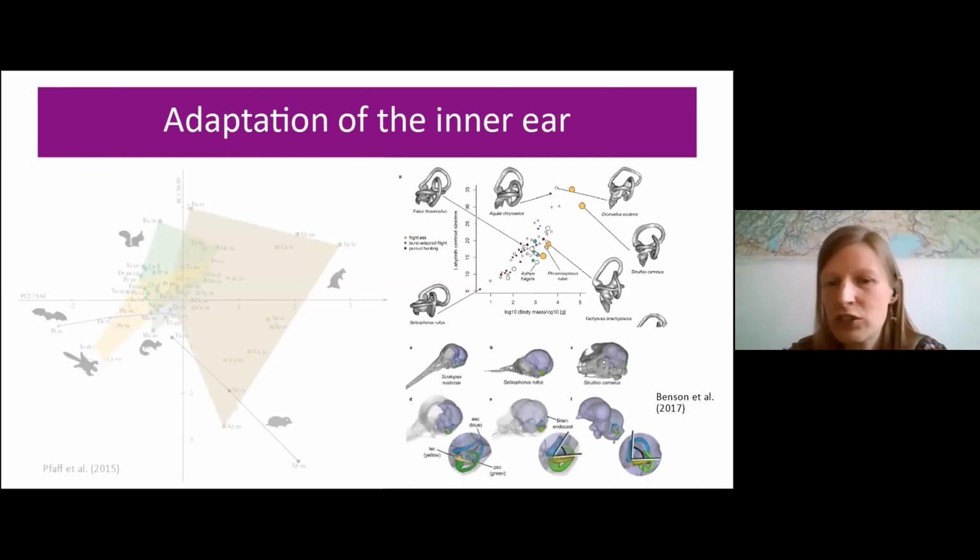In fact, in birds, the ear shape is more related to brain size and brain shape compared to the ecology. So for both middle ear and inner ear, the ear morphology is more adapted in mammals compared to other groups.